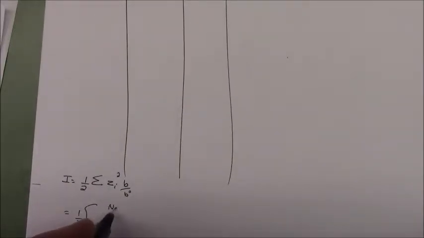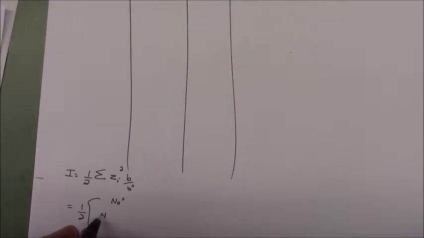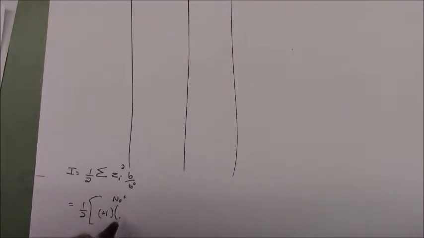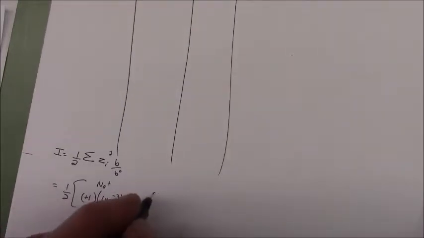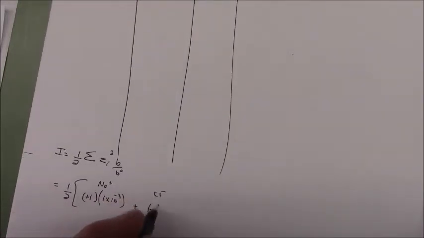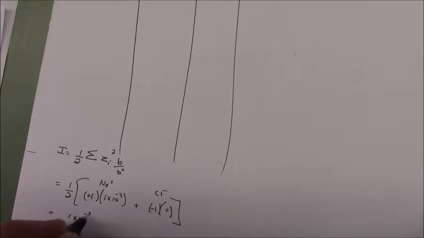When you do the sodium ion, for instance, I'll do the first one. The first one is 1. That's the charge. The molality of it is 1 times 10 to the minus 3. Then it's a 1-to-1 ratio with chlorine, so you're going to get a -1 times. So obviously you're going to get ionic strength of that.